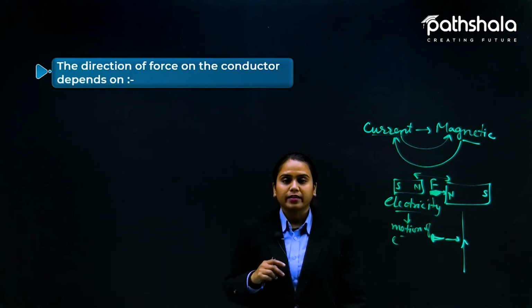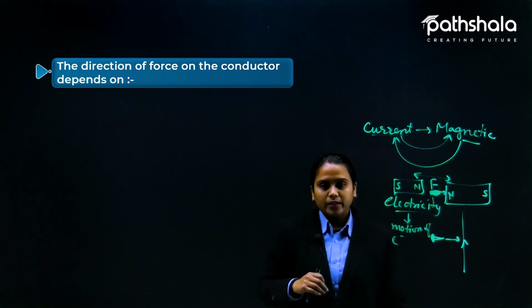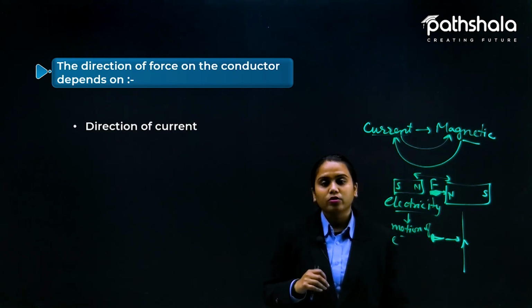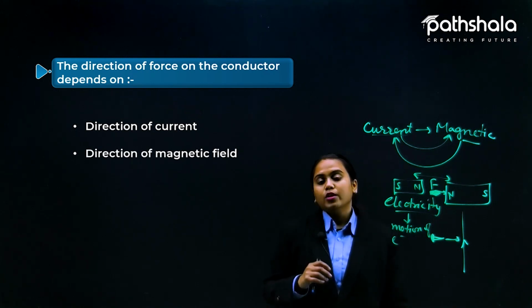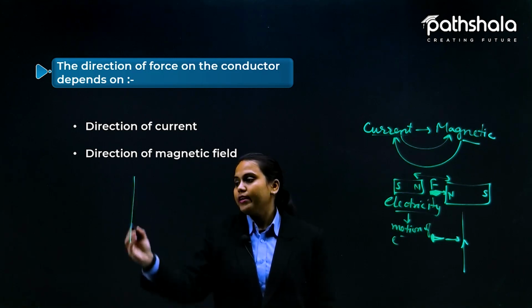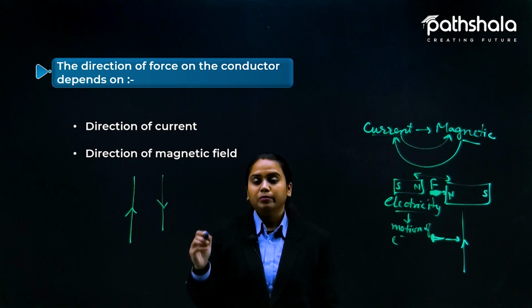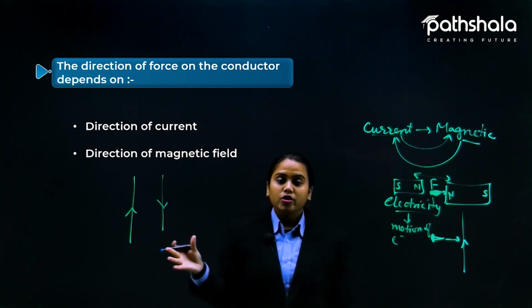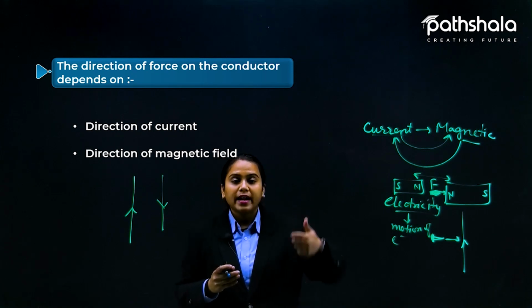So here are the factors. The direction of the force on the conductor depends upon the direction of the current and the direction of the magnetic field. So, dear all, you can see the direction of current, whether it is moving from bottom to top or top to bottom. It depends on it, because the direction of current is the thing that we have seen with the help of the right hand thumb rule.